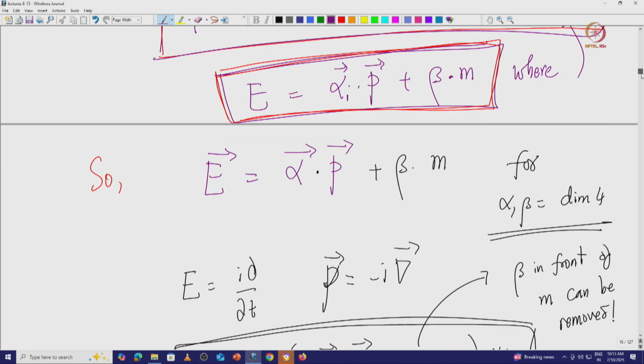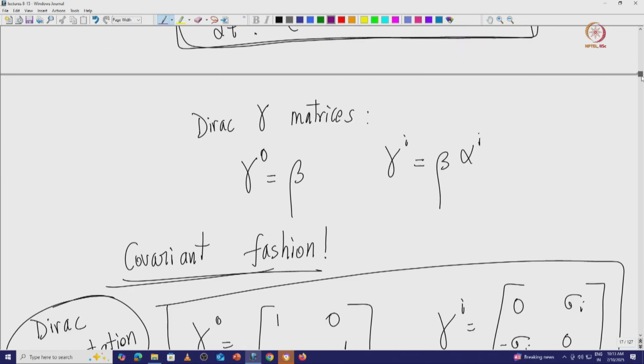So, gamma matrices: gamma 0 is equal to beta, and gamma i is nothing but beta times alpha i essentially.